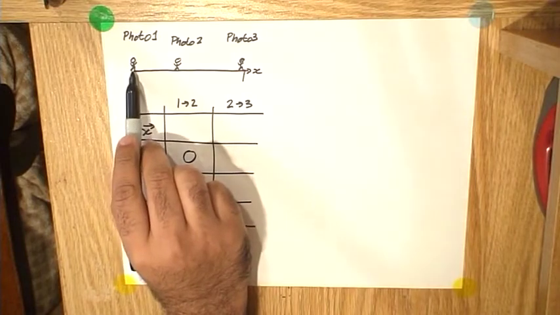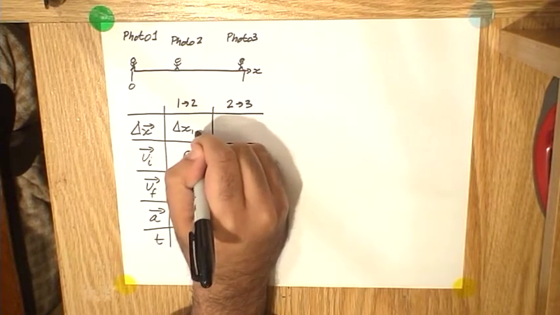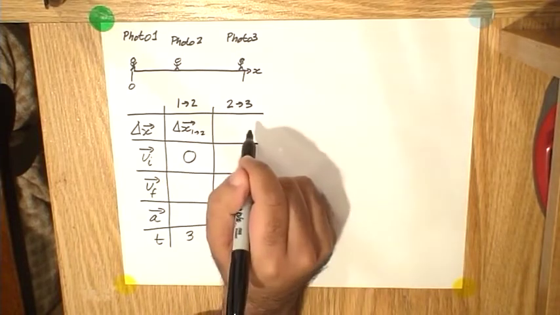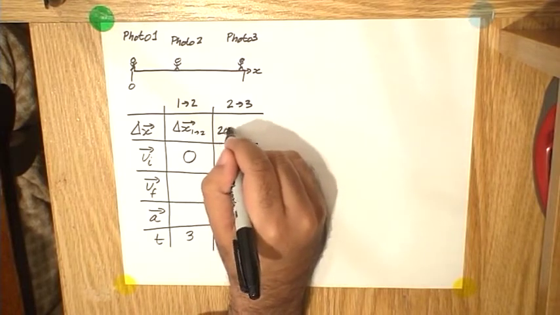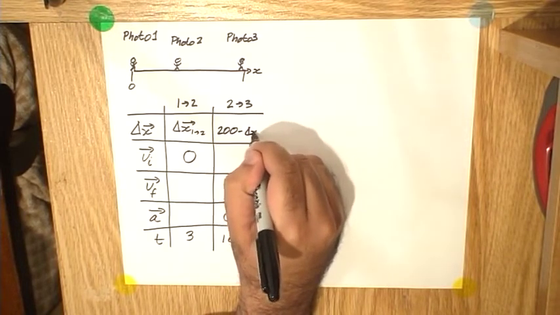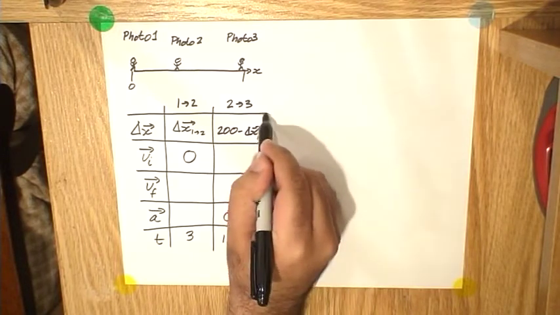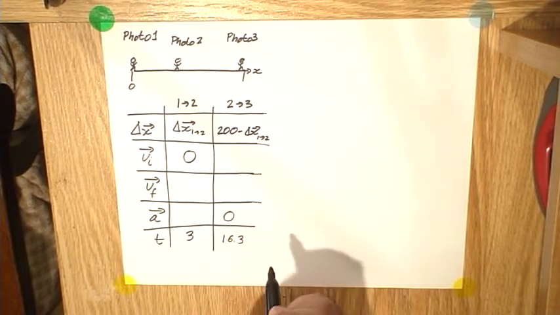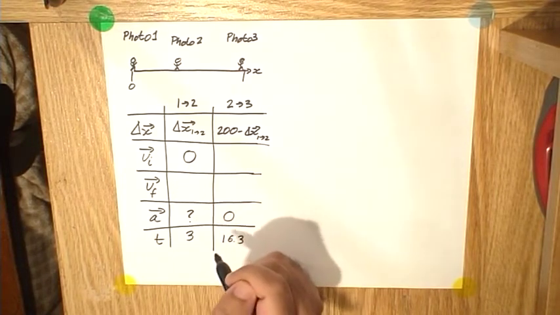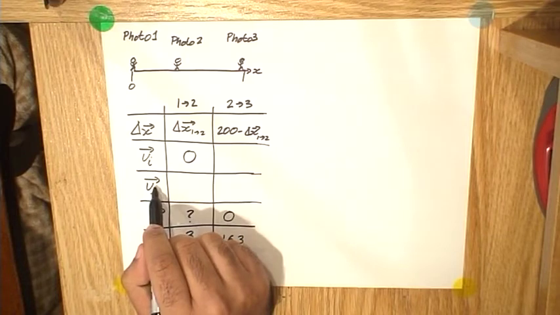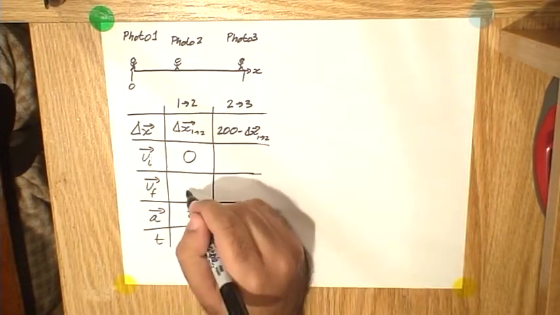His displacement from 1 to 2 I'm going to call delta x 1 to 2. And since this is a 200-meter race, I'm going to call his displacement from 2 to 3 200 minus delta x 1 to 2. His acceleration from 1 to 2 is unknown, but we do know that his final velocity for 1 to 2 is also going to be his maximum velocity for the entire race.